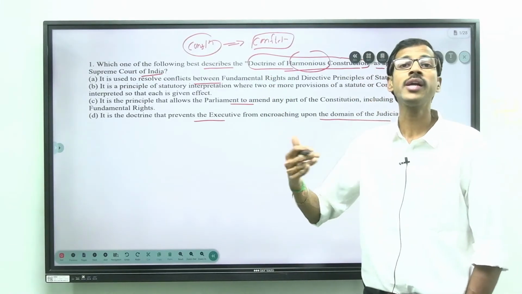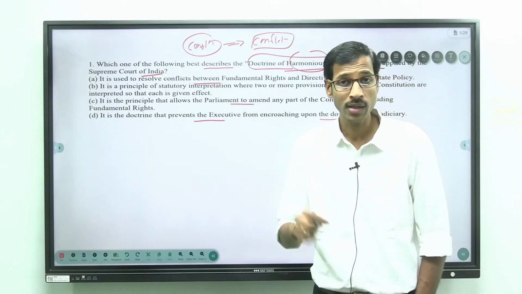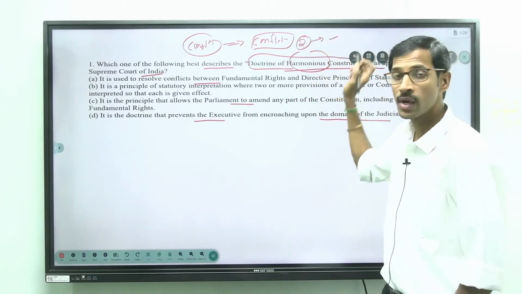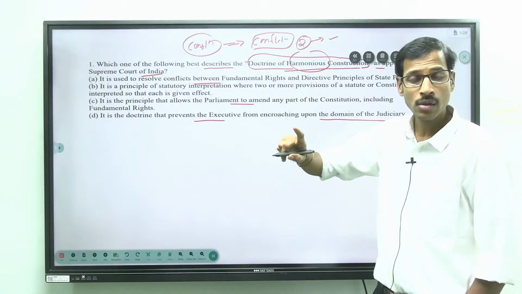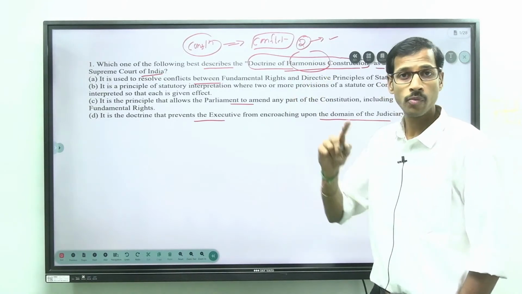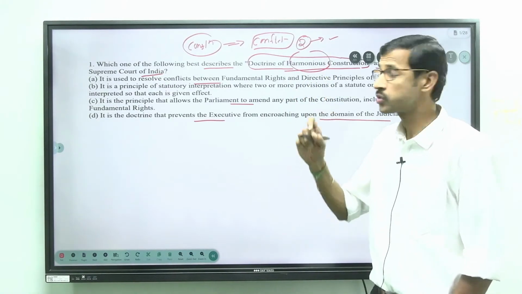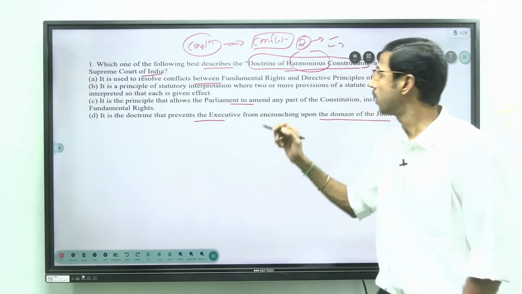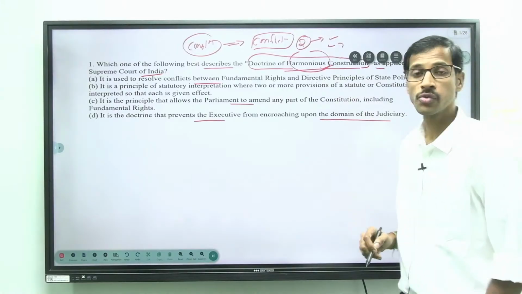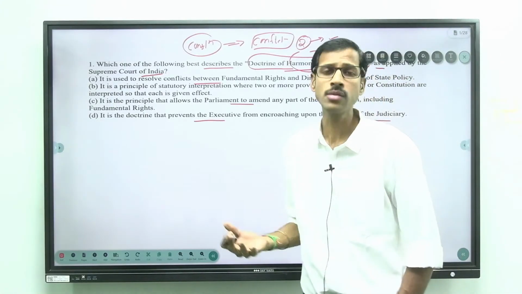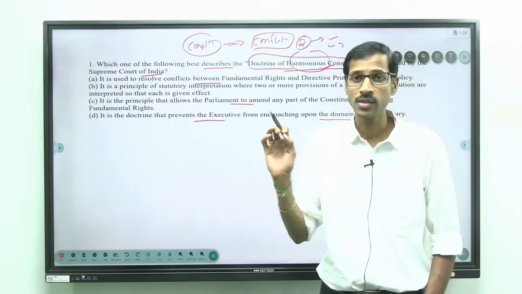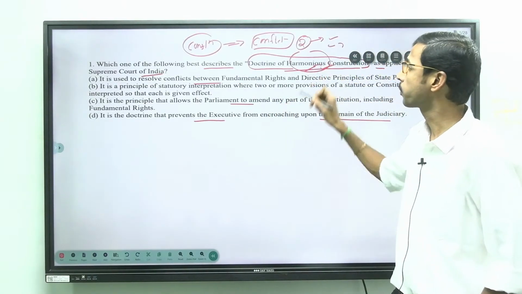Here the court can interpret, in these situations, whether those two or similar provisions may apply or whether the particular constraints or provisions do not apply, right? Thus this is the doctrine of harmonious construction. Whenever a conflict happens like this, the judiciary will be involved. That is the judicial interpretation, right?